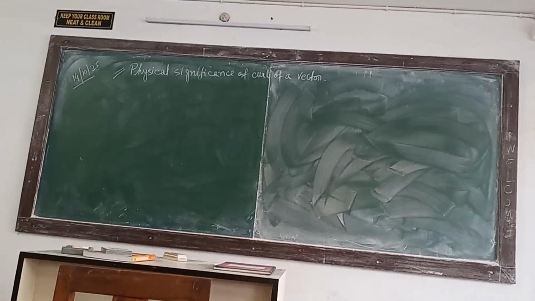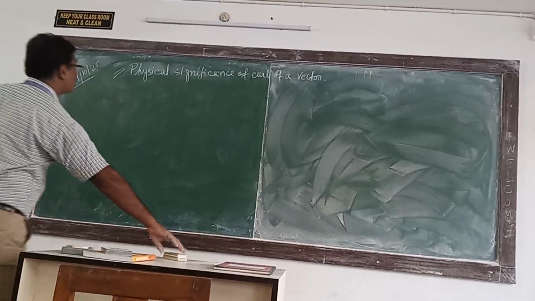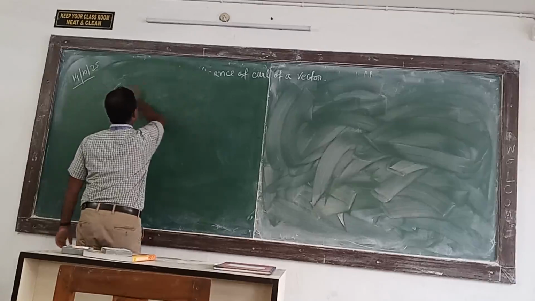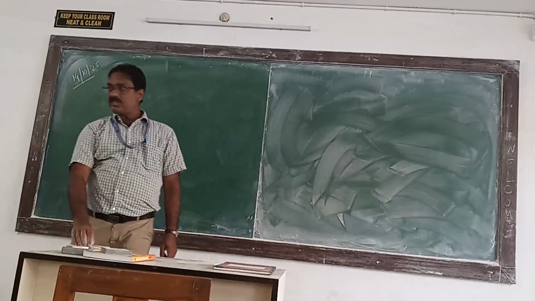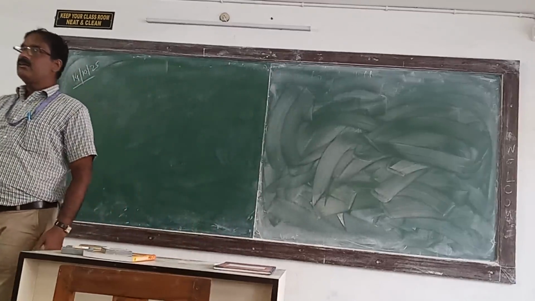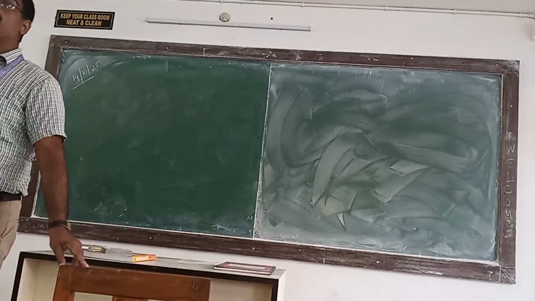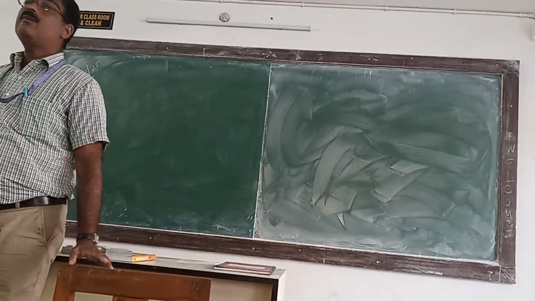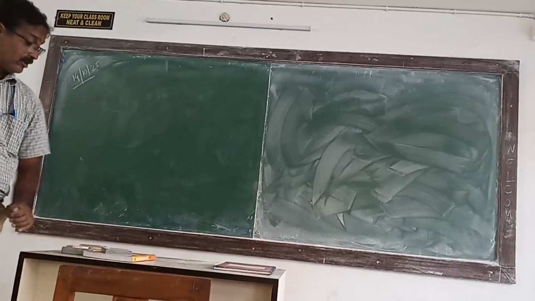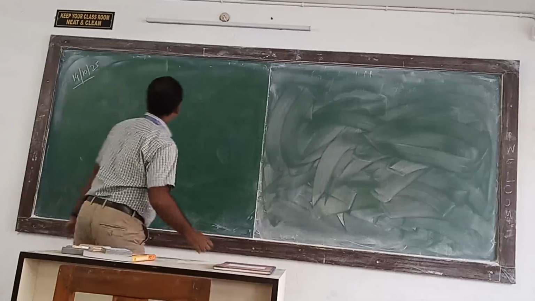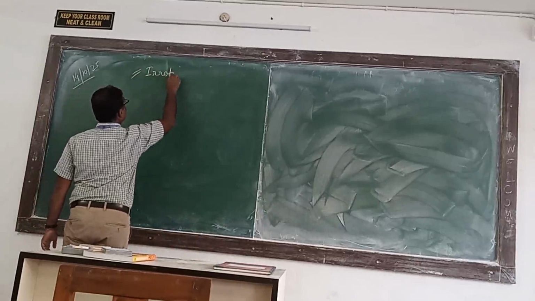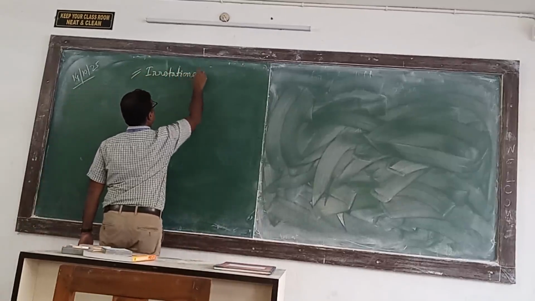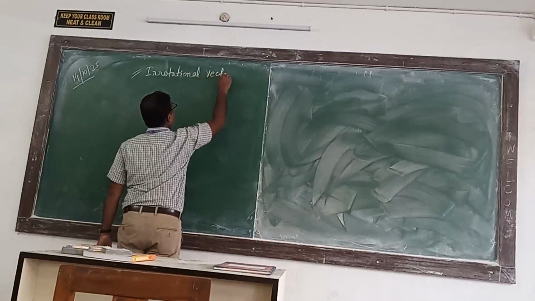Now, if the curl of A is zero, then what happens? Then that is called an irrotational vector. If there is a curl, then that is called a rotational vector. That is, the vector is rotating. And if the curl is zero, then it is an irrotational vector. That means the vector is not rotating.